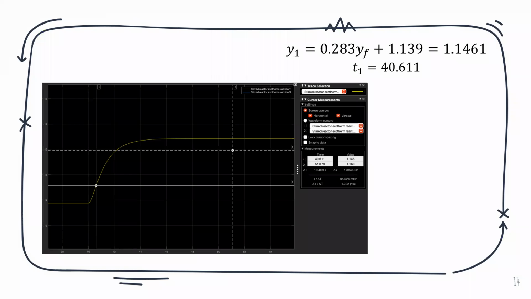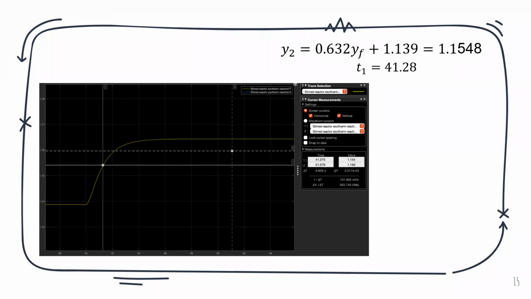Then we need the values for t1 and t2 by using these equations. We get the 28.3% of y of f, and we add the 1.139 where the plot starts, and we get the value of t1, which is 40.611. Then we calculate t2 by calculating the 63.2% of y of f and adding the 1.139.